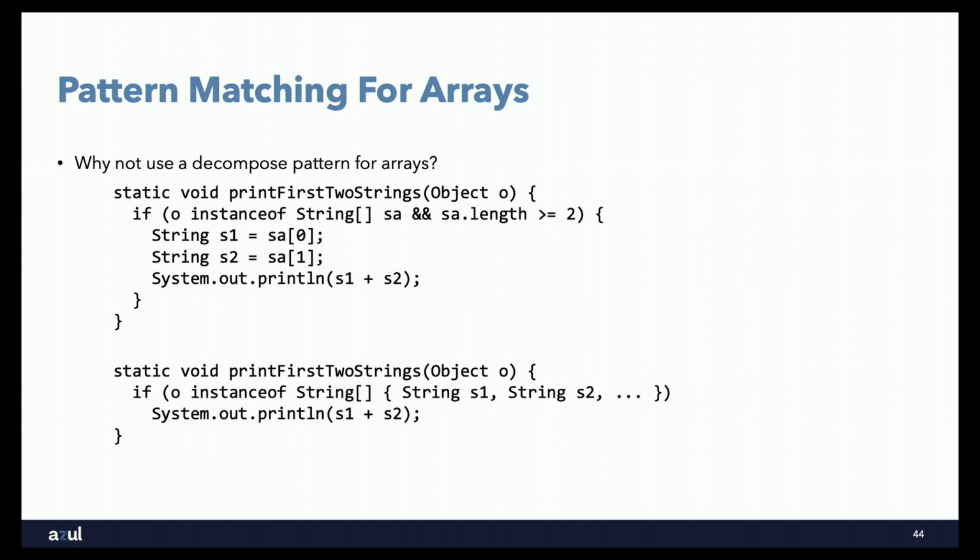Why not simply say, let's have instanceof String[], we can match on that, and then define the binding variables as String s1, String s2, and then print out s1 plus s2 and avoid the problem of having to do the manual extraction. That was going to be included in JEP 405, but for whatever reason, the developers seem to have decided that's not going to make it into the pattern matching for records, which is what it was also included in.